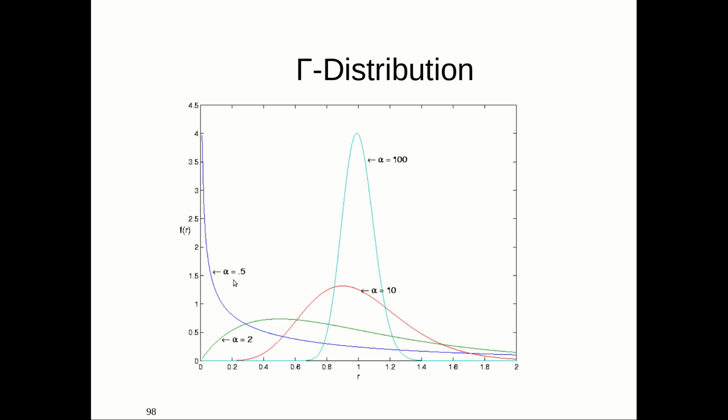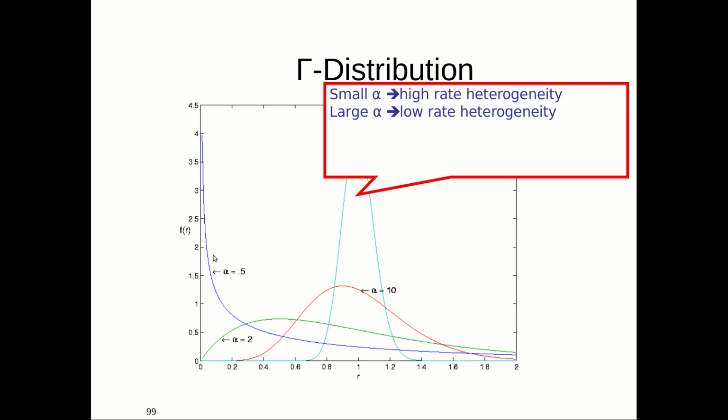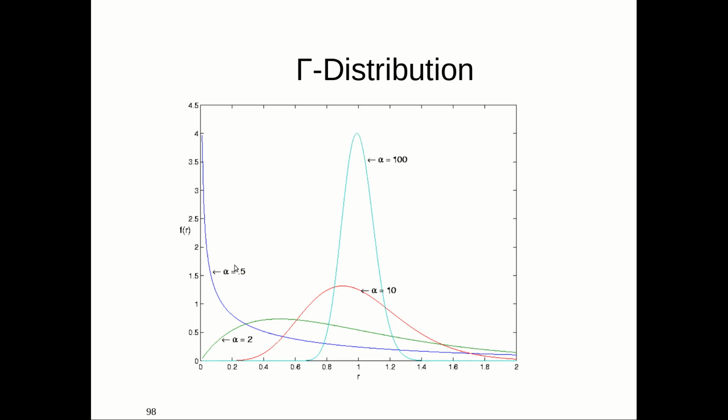So typically an alpha of 0.5 means high rate heterogeneity. You can see that this distribution is very broad, whereas a large value for alpha means low rate heterogeneity, meaning that this distribution here is very narrow.